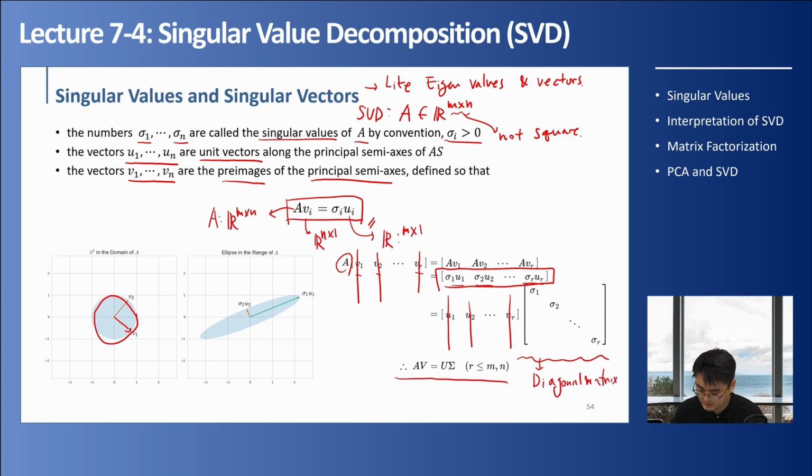So we have this equation here, that AV equals U sigma, where V is the matrix with our unit vectors v1 to vr, and U is the matrix which has the unit vectors u1 to ur here. And sigma is the matrix that includes our singular values in our diagonal terms.